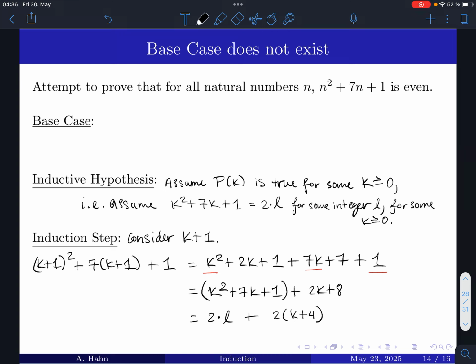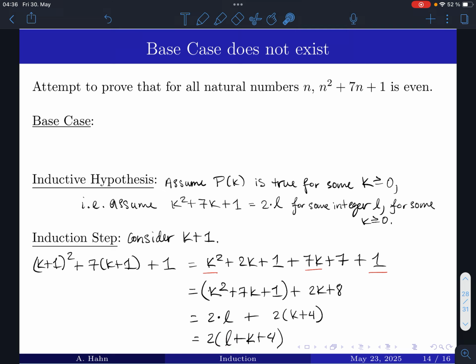So this is going to be plus 2 times K plus 4. Hopefully you see where I'm going. Each of these terms has a 2 in it, so we can factor out the 2, and we have 2 times L plus K plus 4. And so we see that, in fact, the predicate is true for the K plus first term.